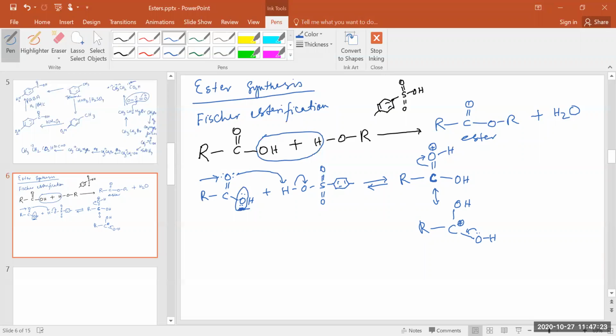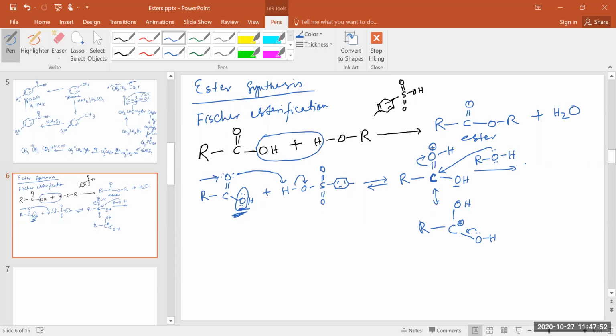If you protonate the OH, then there is no chance of resonance. So you guys can keep this in mind. You can write like this or like that. Next, the alcohol immediately reacts because the carbon becomes more electrophilic here.